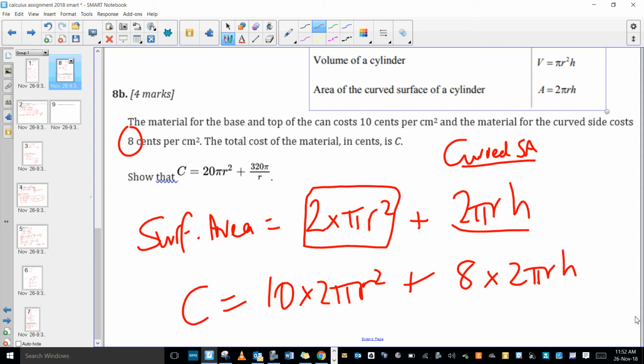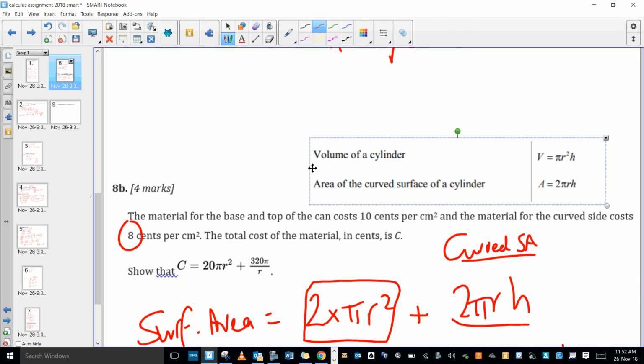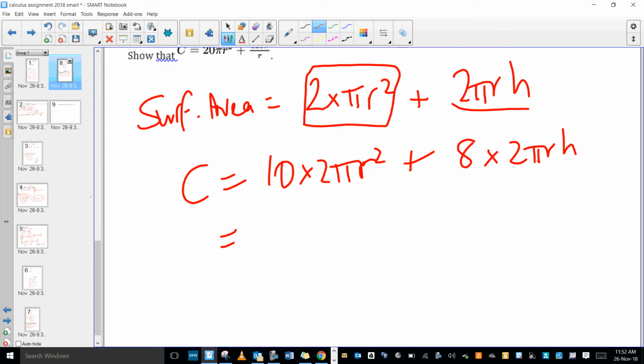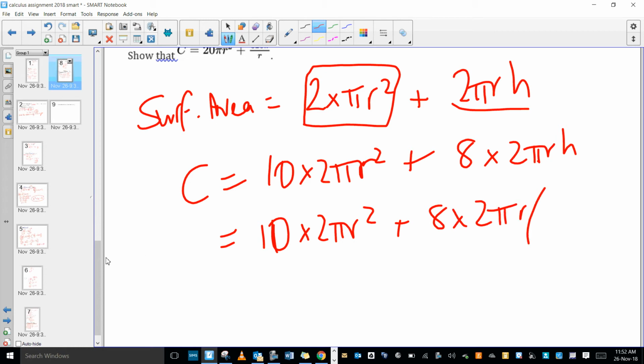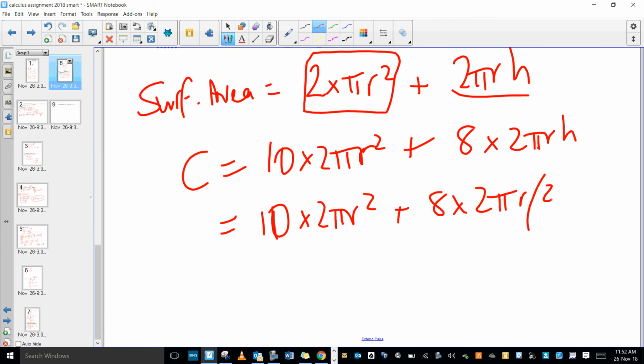Now, the issue here is that there's no h's involved here, but there is here, so we have to use our answer from up above, so that's 20 over r squared.